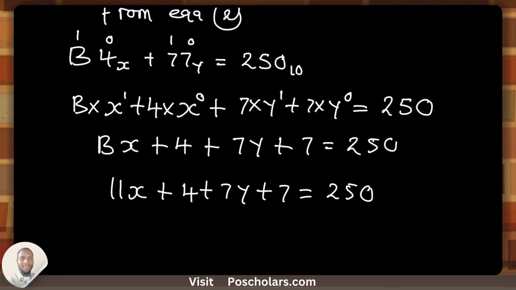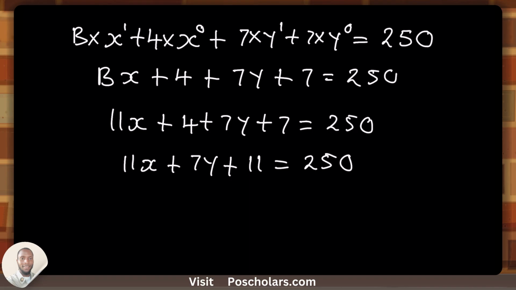Now if you check, you will see that we can actually add 4 and 7 together. When we add it, it becomes 11x plus 7y plus 11, since 4 plus 7 gives 11, equals 250.